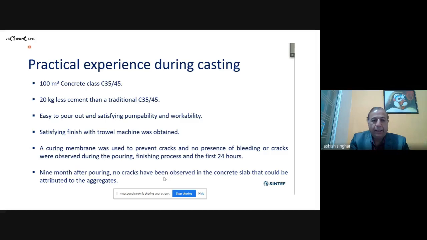Nine months after the pouring, no cracks were observed in the concrete slab that could be attributed to the aggregates. So the gist is that not only are we reducing the cement quantum, but we are getting good workability and good pumpability. After the curing, we do not observe any kind of cracks also.